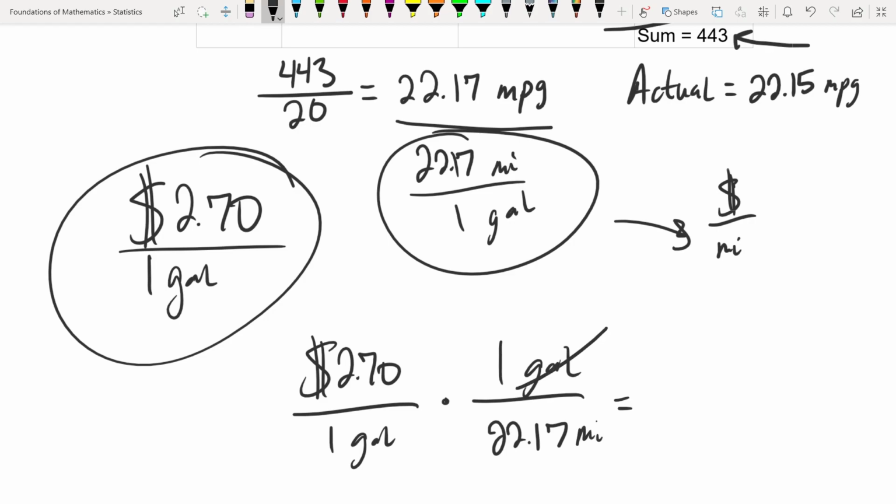And you see the gallons cancel, and we have dollars on top per 22.17 miles on bottom. And that gives us dollars per mile, which is what we want. So we just put that in the calculator. And that gives us the average cost for a single mile of driving, which is about 12 cents.